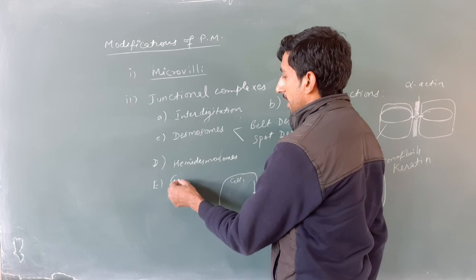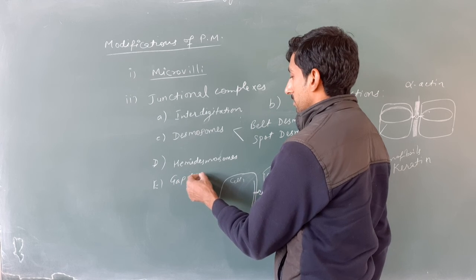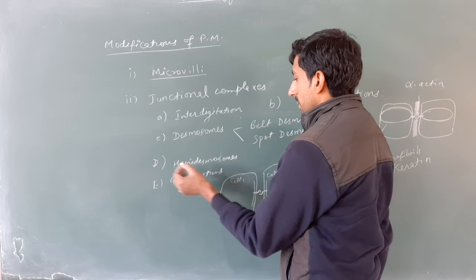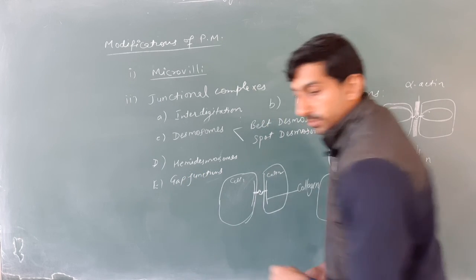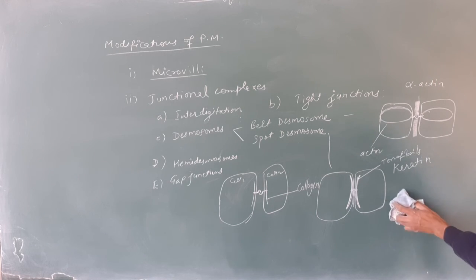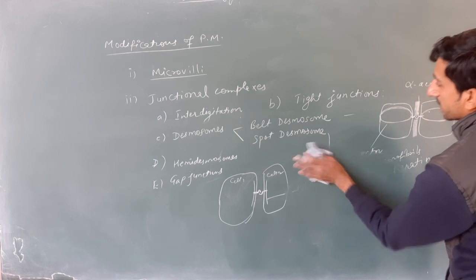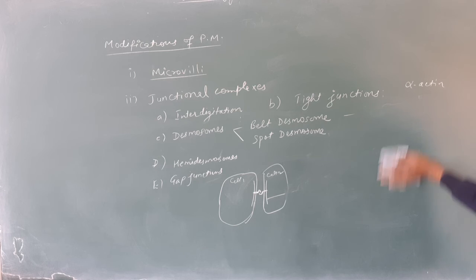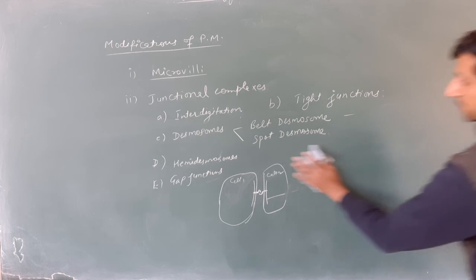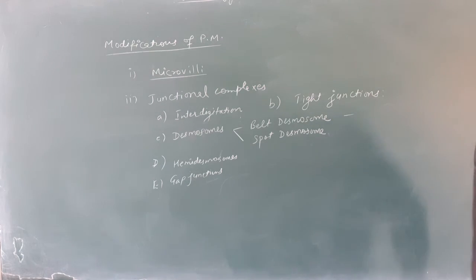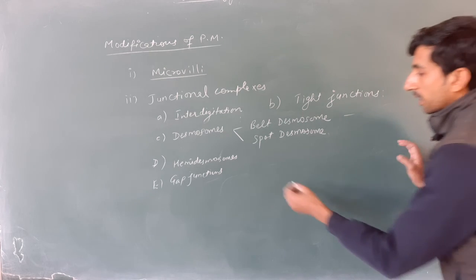Next is gap junctions. Gap junctions are formed between two cells which allow free passage of molecules between the cytoplasm of the two cells. Gap junctions are formed like tunnels.